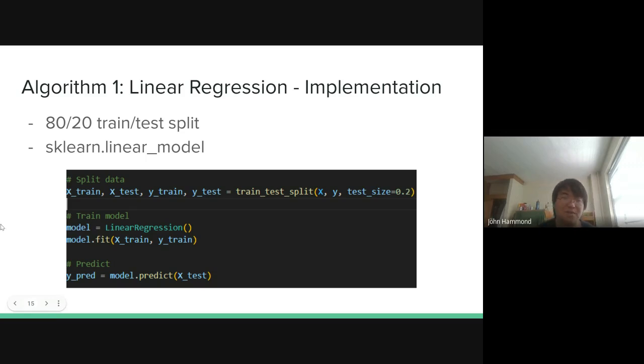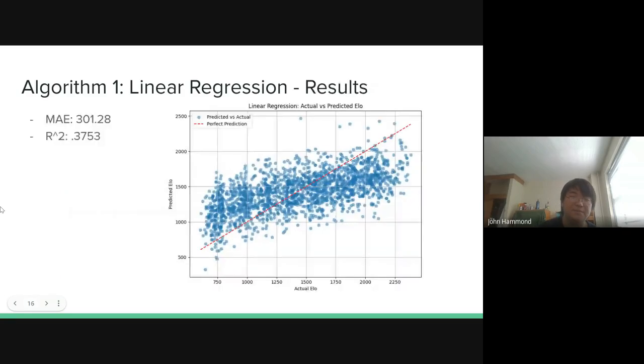I used an 80-20 split between train and test. And as you can see, it's decent. It's not what I was hoping for by any means. This is the first graph: the actual ELO, and this is the predicted ELO. With 10,000 games and an 80-20 split, there are 2,000 testing points.